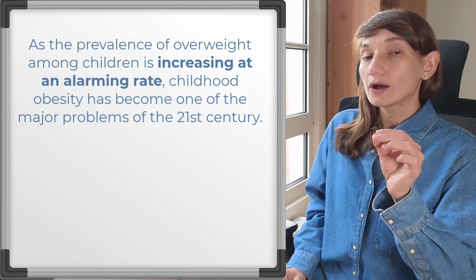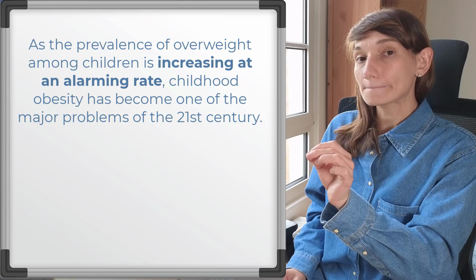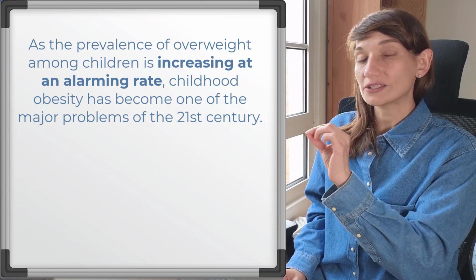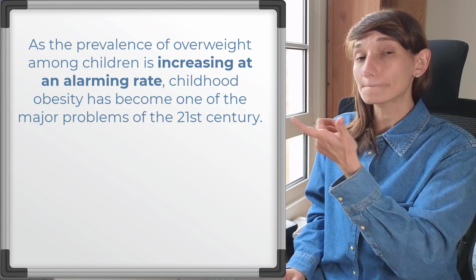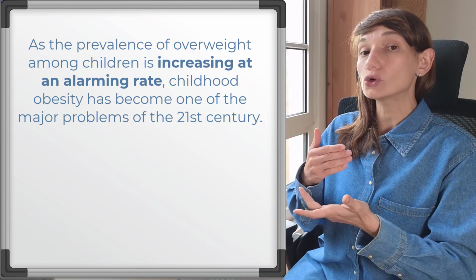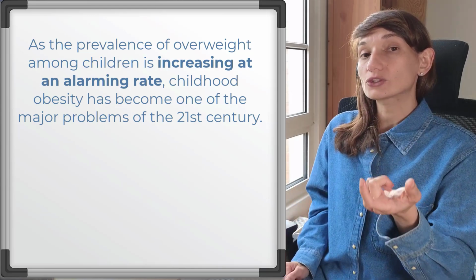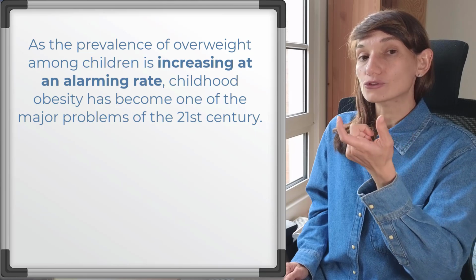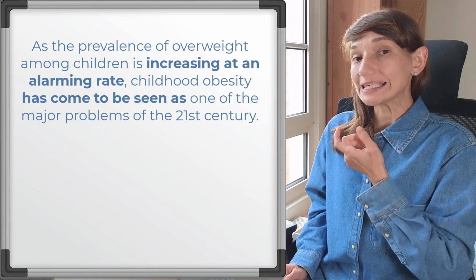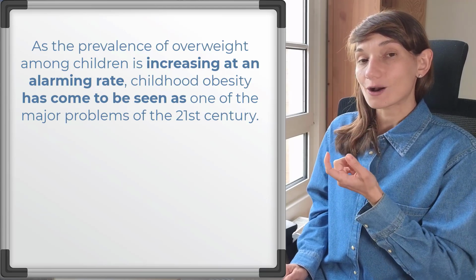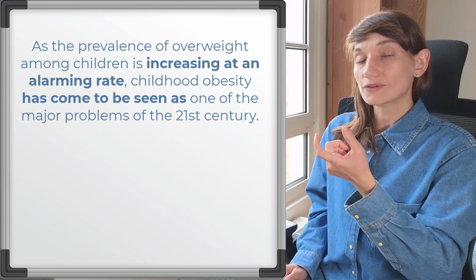Now I have childhood obesity has become one of the major problems of the 21st century. So here, instead of childhood obesity has become a significant problem, I will use the passive voice. So obesity among children, or childhood obesity, has come to be seen as one of the major problems of the 21st century.